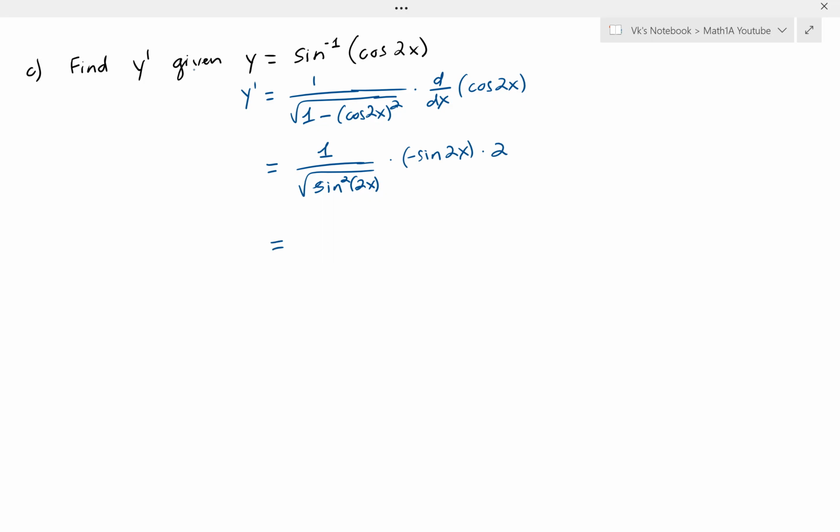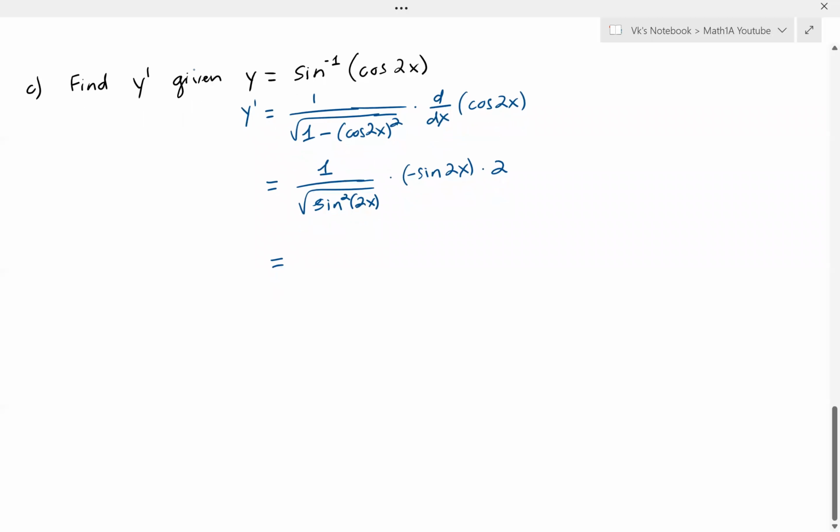Okay. So be very careful with what we're going to do next. We have negative 2 sine 2x over root of sine squared of 2x.